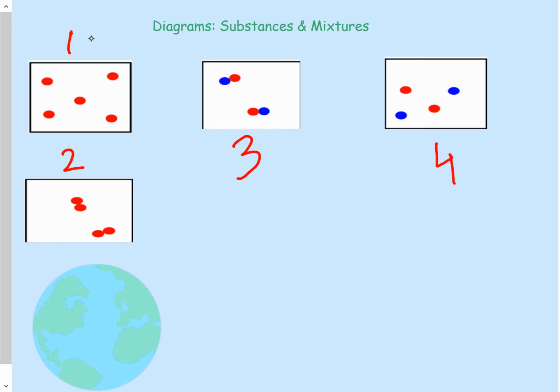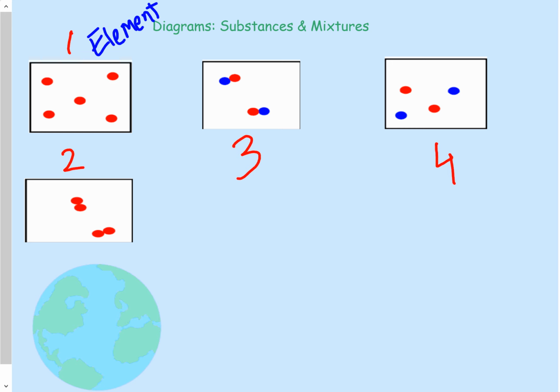We're going to talk more about it in our next couple of units. But if you see one type of circle, we're going to call this one as an element. So number one is an element. Why? Because I do not see anything different in that box. All I see is same type of circles over and over again. So that's an element.